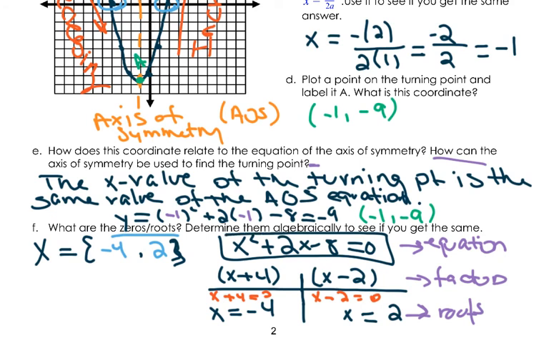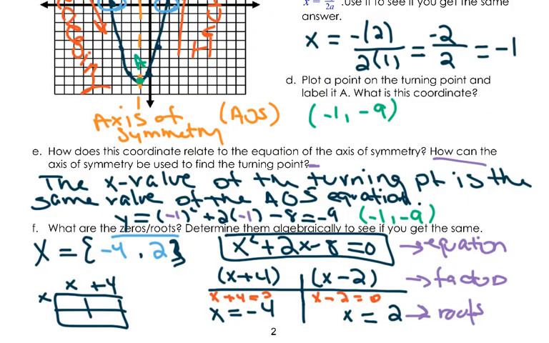Okay, and if you want, I could just show the side work here of how I got that. x plus 4 times x minus 2, and here we would have x times x is x squared, x times 4 is 4x, -2 times x would be -2x, and 4 times -2 would give us -8.